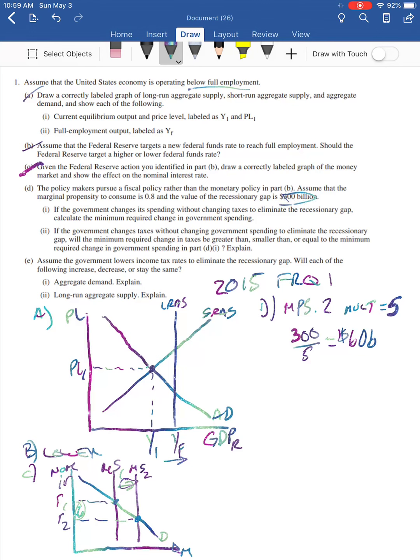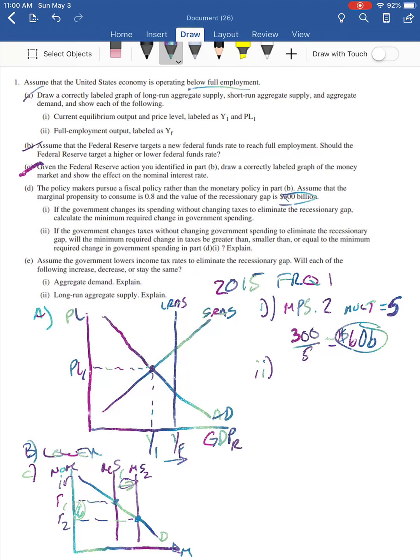So reading question 1, if the government changes its spending without changing taxes to eliminate the recessionary gap, calculate the minimum required change in government spending. That's the 60 billion. And then letter D, part 2, if the government changes taxes without changing government spending to eliminate the recessionary gap, will the minimum required change in taxes be greater than, smaller than, or equal to the minimum required change in government spending? All right, there's a mouthful there.